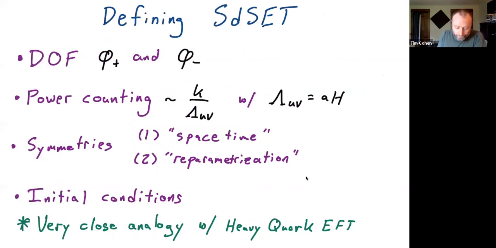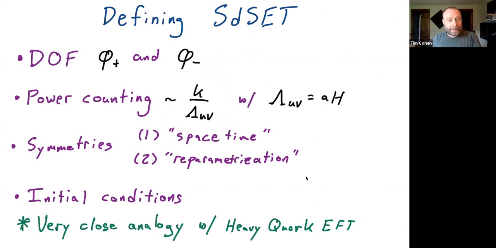Okay, so in defining this, the degrees of freedom are this phi plus and phi minus. We have a power counting in this effective theory, like any good effective theory, which is K over AH, okay? So again, remember that K over A is the physical momentum of these modes, and we're looking at the long wavelength limit with respect to Hubble.